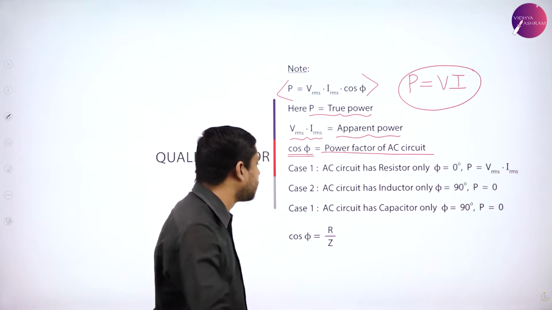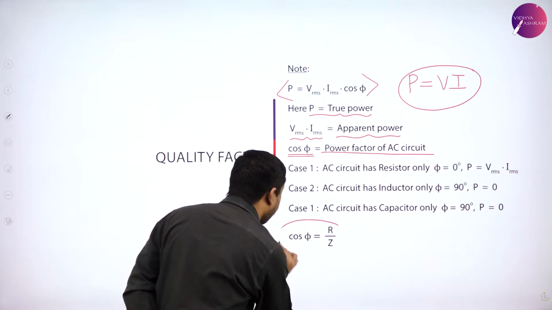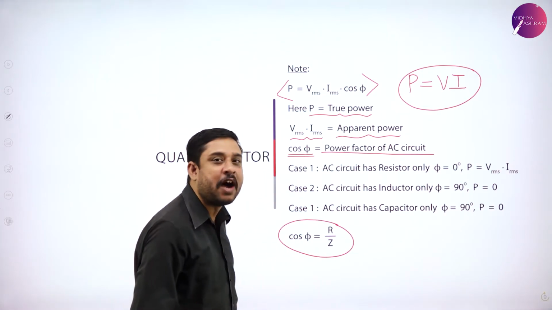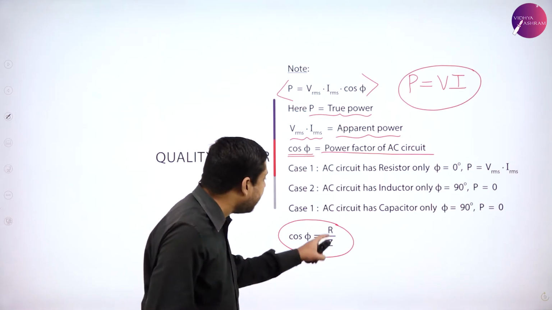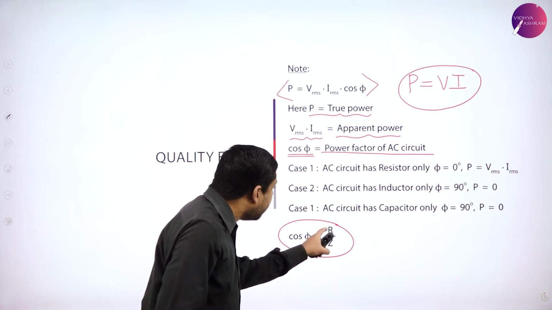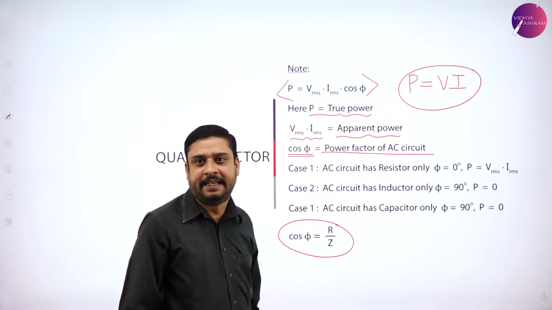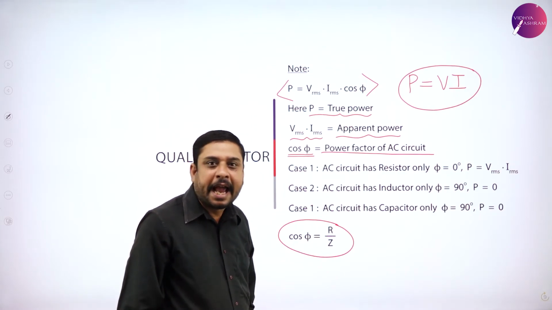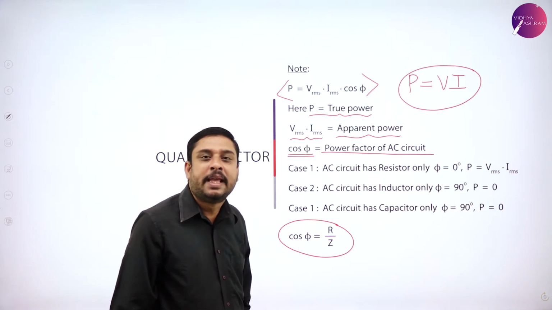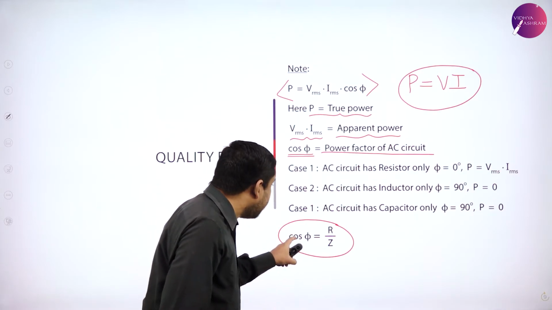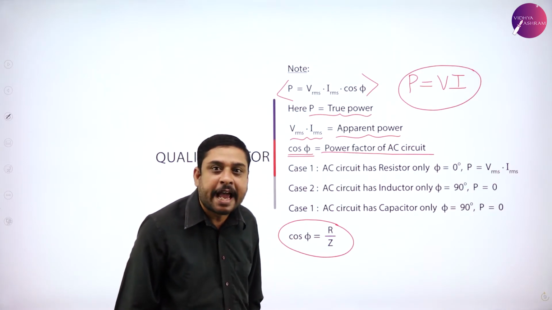The power factor of the AC circuit is represented as cos phi, where cos phi is mathematically calculated as R divided by Z. The ratio of resistance to the impedance is called cos phi.